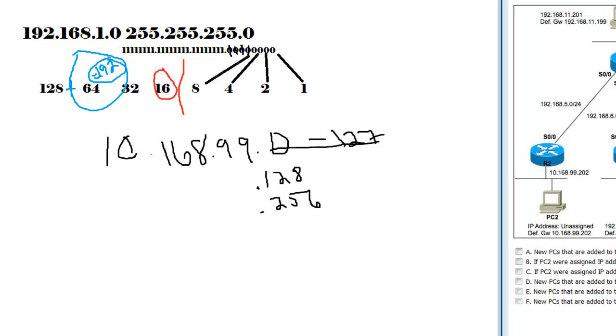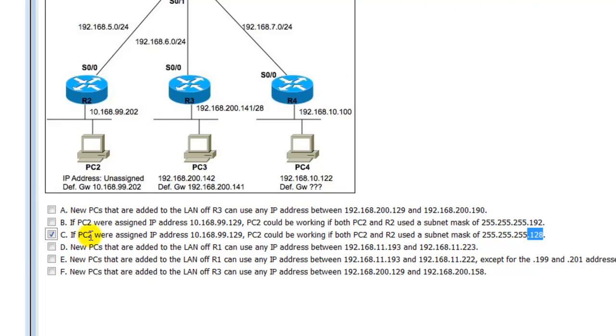And it wants IP address 129. Okay, so that is telling you that 129 is in this network, right? 129 is after 128. And the router has a 202. Well, 202 is in this network. So yeah, that's correct. If PC2 was assigned the address of 99.129 right here, then it could work with router 2.